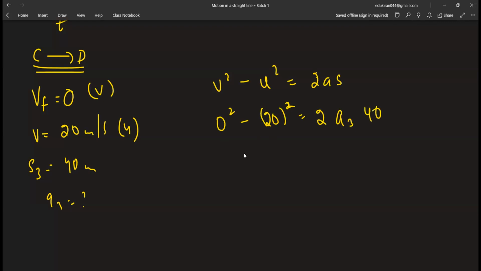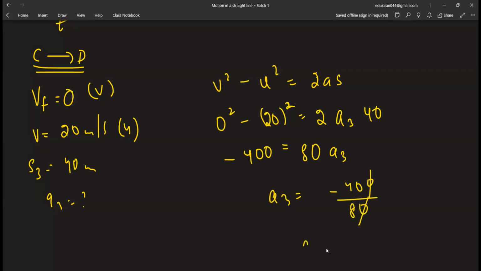So this is minus 400 is equal to 80 A3. So A3 is equal to minus 400 by 80. So A3 becomes minus 5 meter per second square.